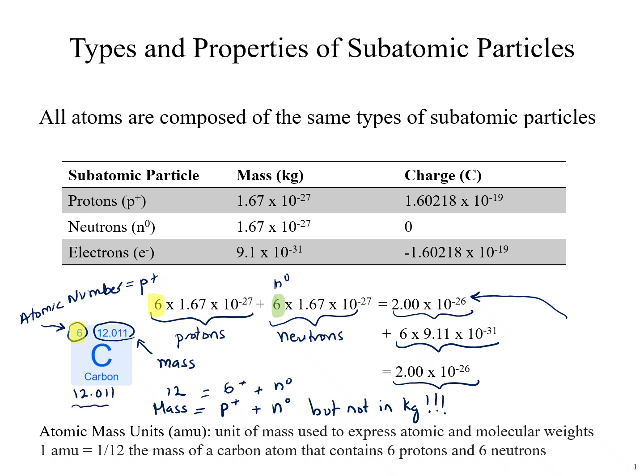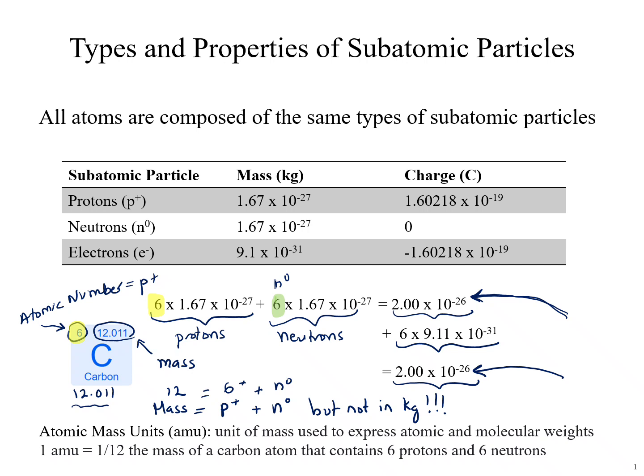The number that I have on the periodic table is not a number in units of kilograms. What I'm calculating here, that number that is super small, without the electrons or with the electrons, times 10 to the minus 26, it's a super small number. That number has units of kilograms.